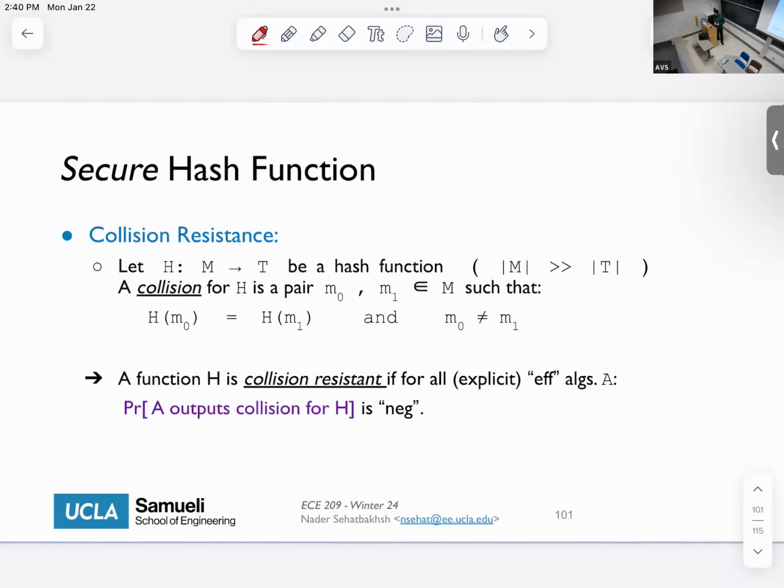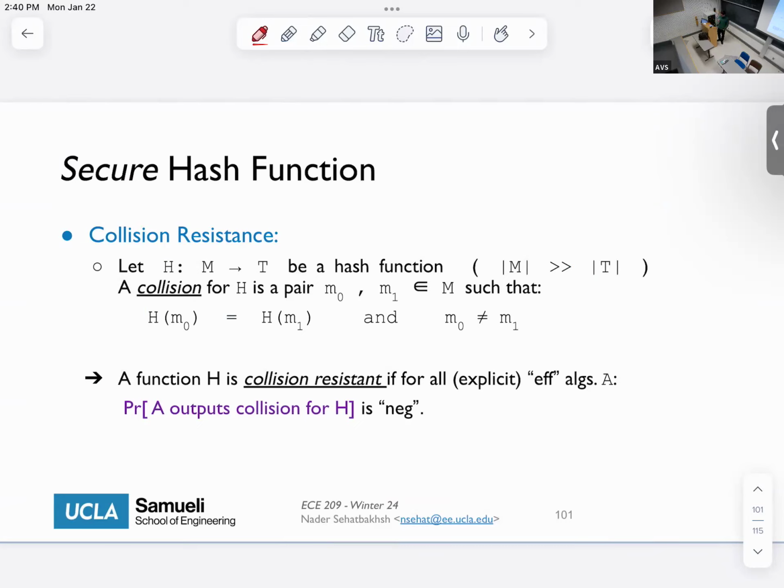So what is a secure hash function? A secure hash function is essentially dealing with this collision problem. It should be a hash function that is resistant against collision.